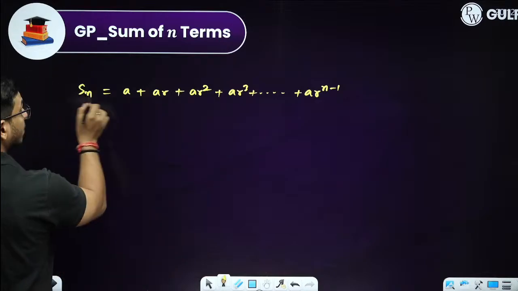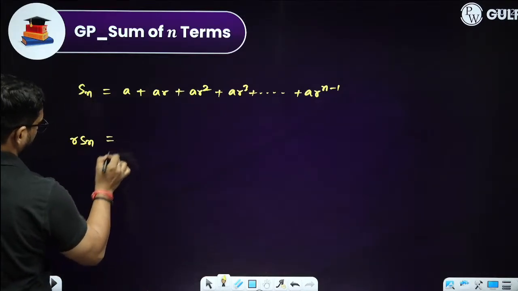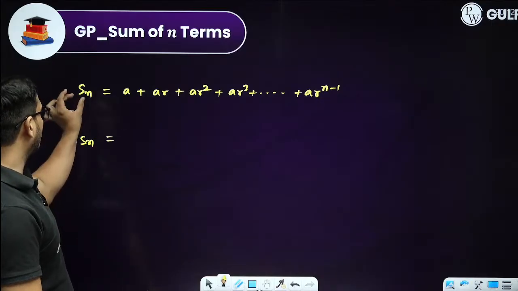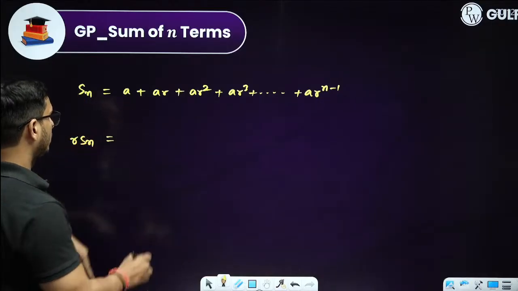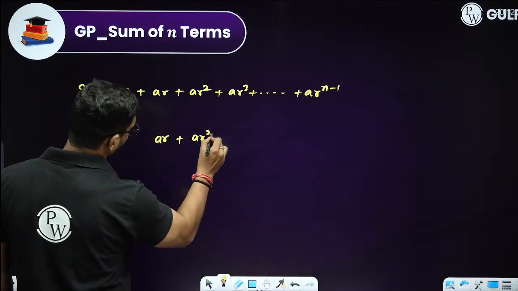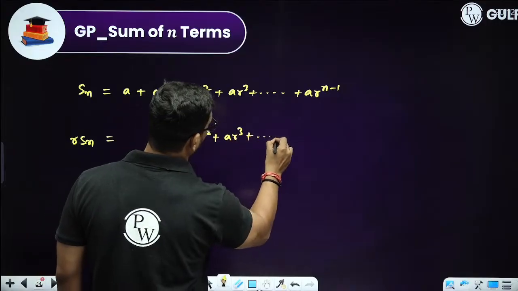Now multiply both sides by R. R into Sn. When we multiply, it will give you AR. So can I write AR here? Then AR square, then AR cube and so on.